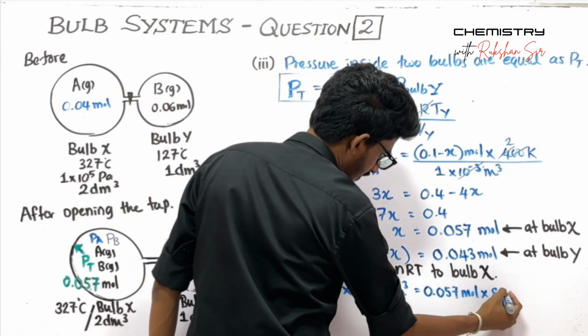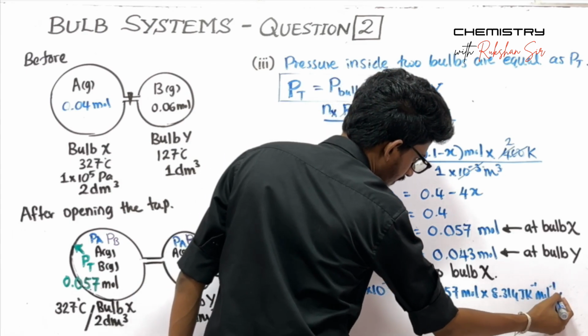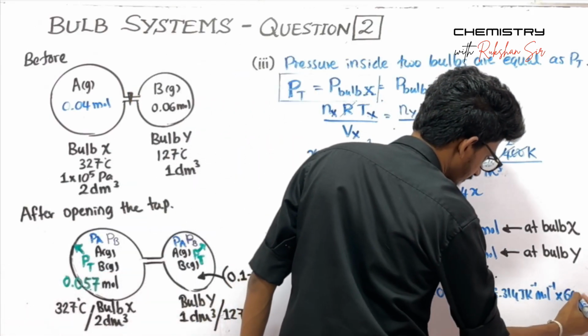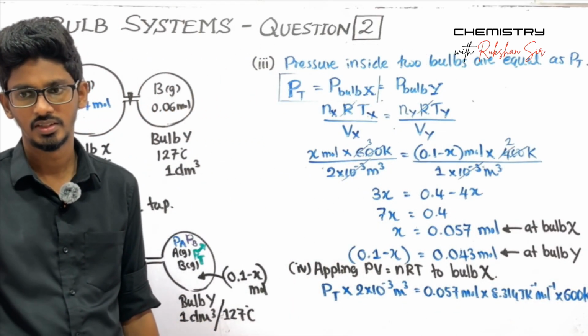R is 8.314 joule per Kelvin per mole. And T is 327 Celsius, that means 600 Kelvin.